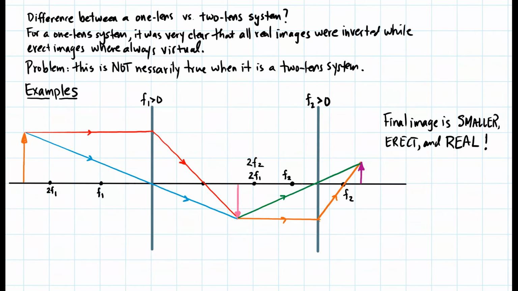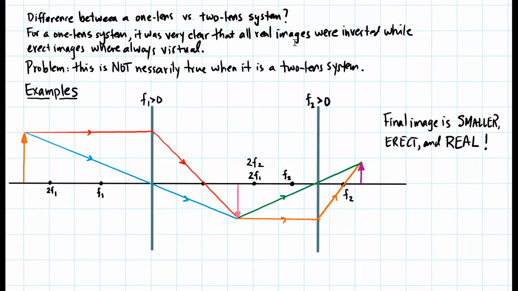So let's look at some things conceptually. The difference between a 1 lens versus a 2 lens system is that we always know how a 1 lens system is going to behave. For example, if I have a real image, that can only be produced by a converging lens, and that image is inverted.